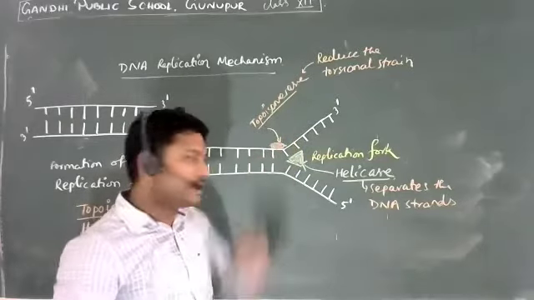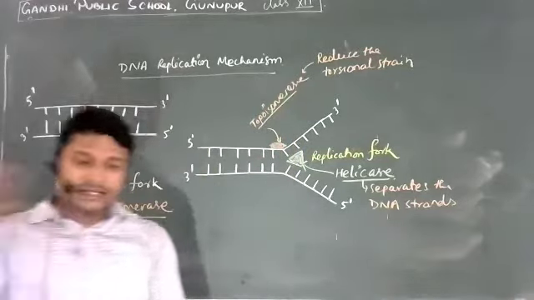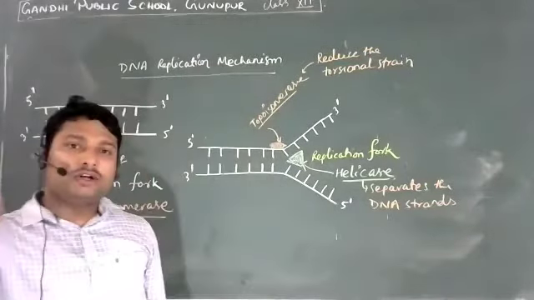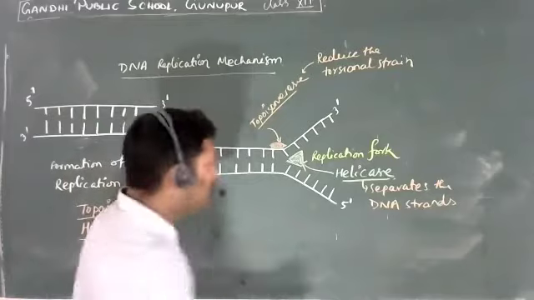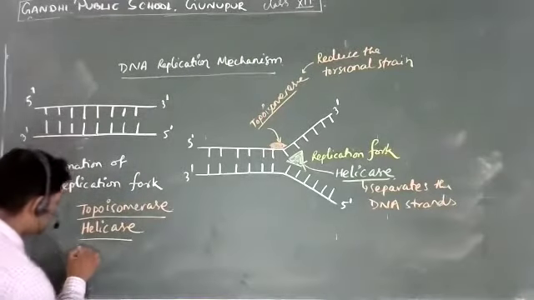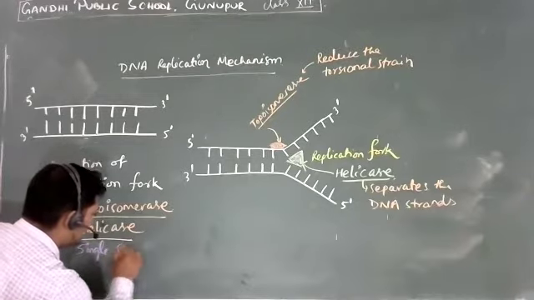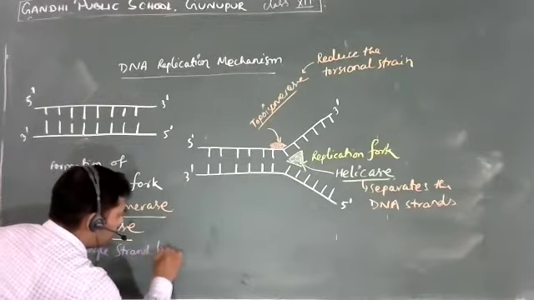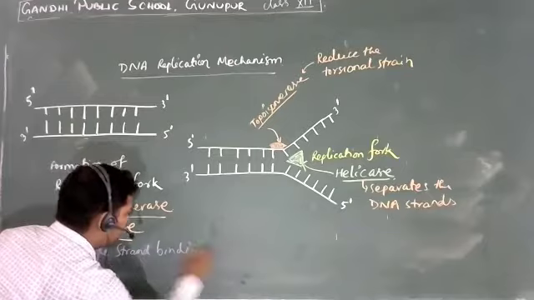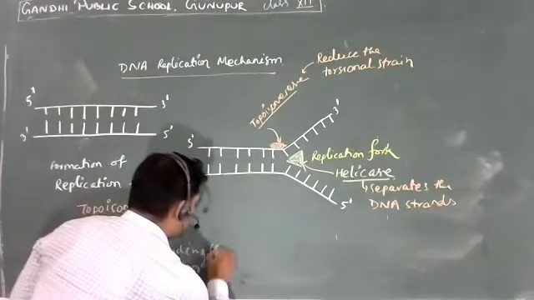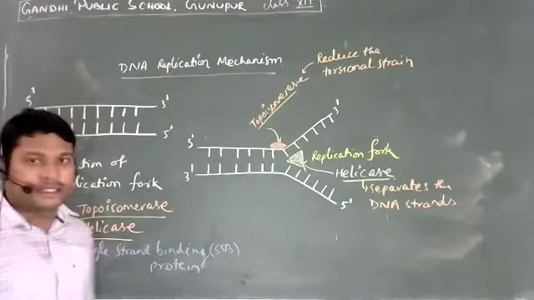Now there is another component that is not an enzyme, actually. It is a non-enzyme protein, and it is called single strand binding protein, or in simple terms the SSB protein.